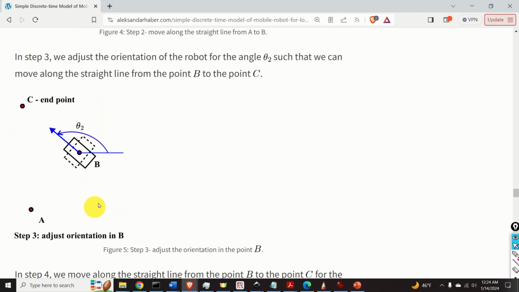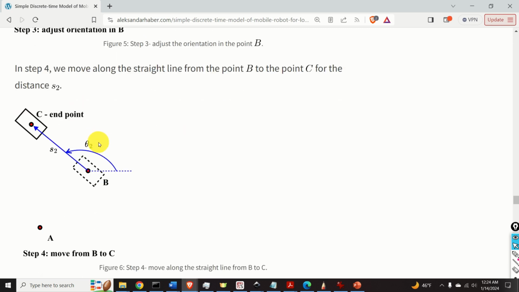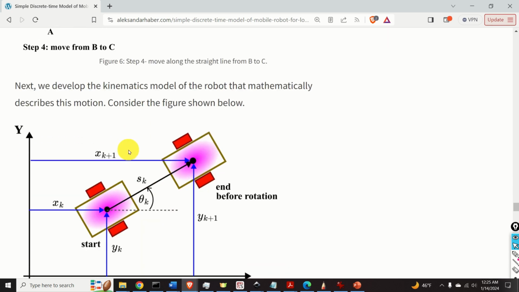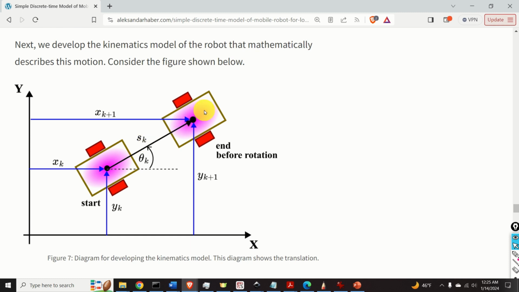In step number 3, we adjust the orientation of the robot for the angle of θ2 such that we can move along the straight line from the point B to the point C. And in the final step, that is in step number 4, we move along the straight line from the point B to the point C for the distance of s2. Next, by using this principle, we will develop the kinematics model of the robot that mathematically describes this motion.